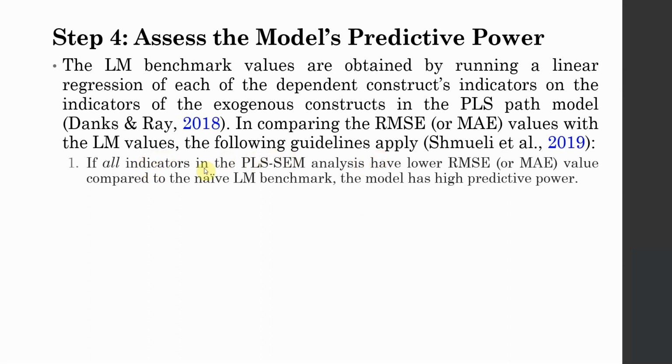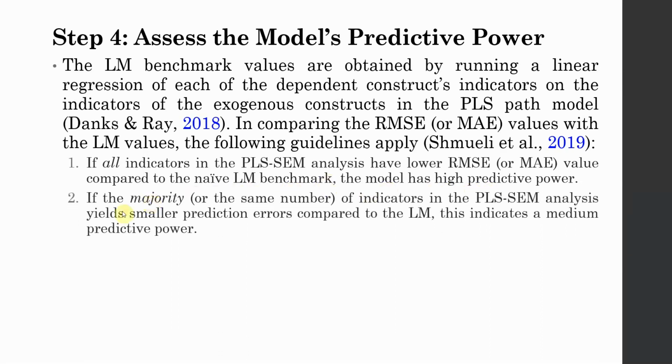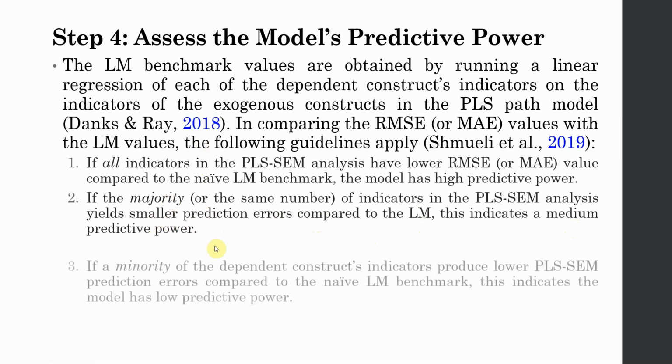Now, when all the indicators in the PLS-SEM analysis have low RMSE or MAE value compared to the naive LM benchmark, the model has high predictive power. If the majority of indicators in the PLS-SEM analysis yield smaller prediction errors, not all but the majority, then you've got medium predictive power.